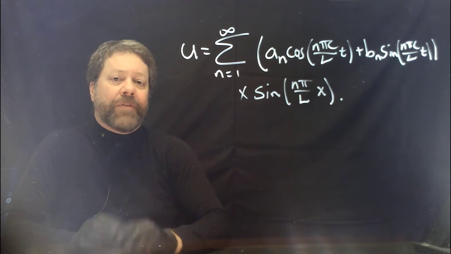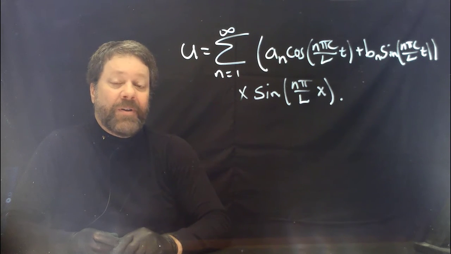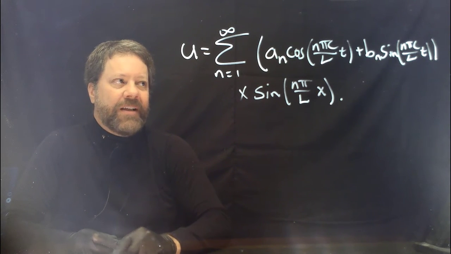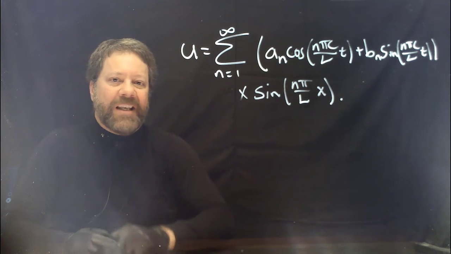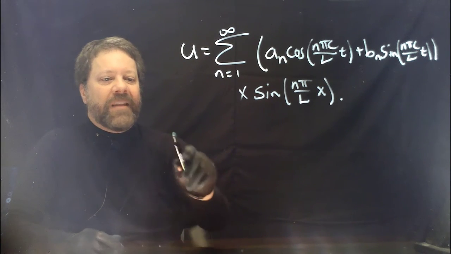We've already accounted for the boundary conditions. What we need to do now is account for the initial conditions. The initial conditions will determine the constants an and bn in the following way.